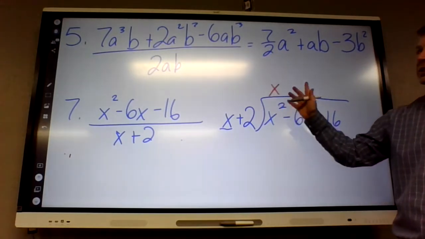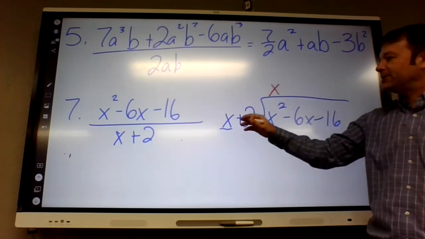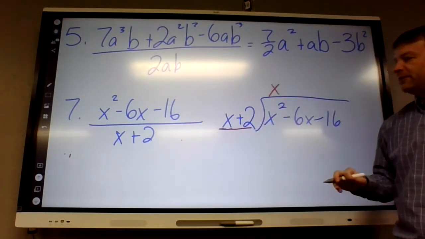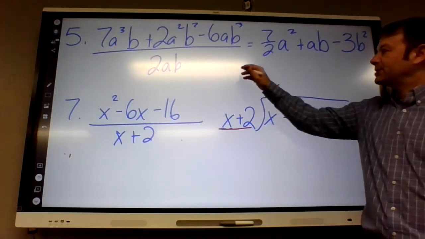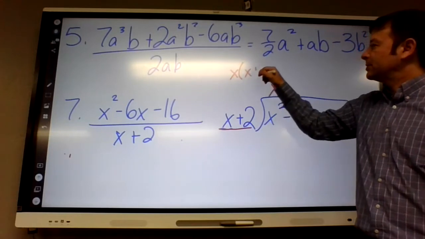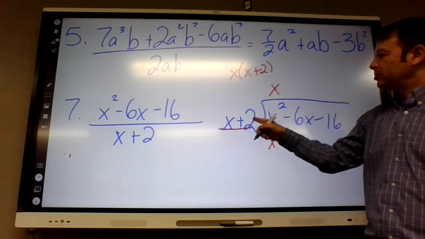Just like we did with long division, you do x times the divisor and you put it down here and subtract it. What's x times x plus 2? X squared plus 2x.